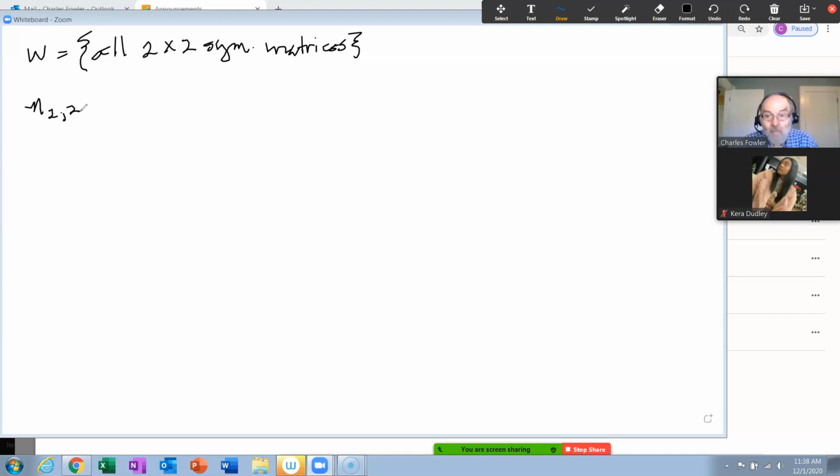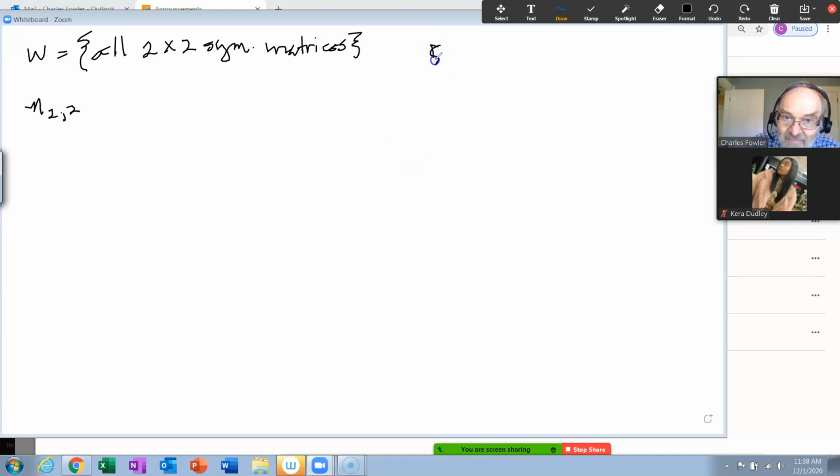Now, what do we mean by a symmetric matrix? A 2 by 2 symmetric matrix is pretty simple to do. It would look something like this.